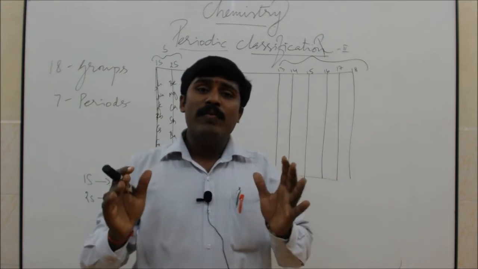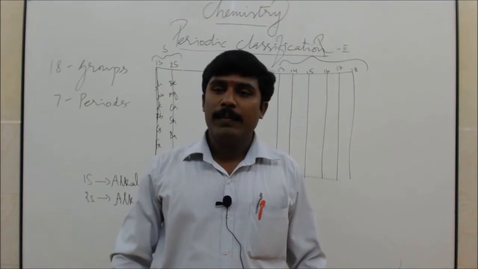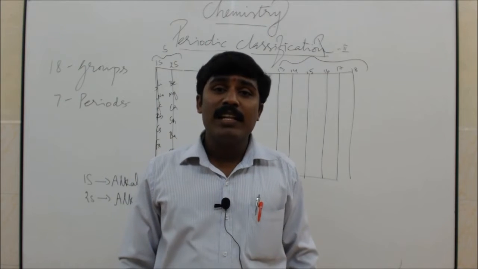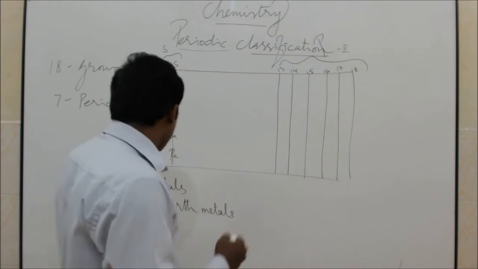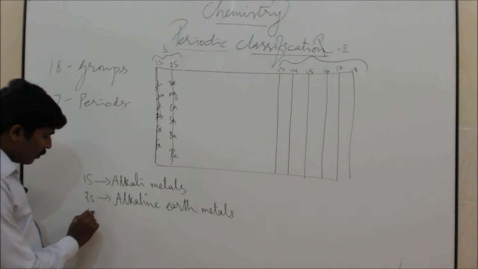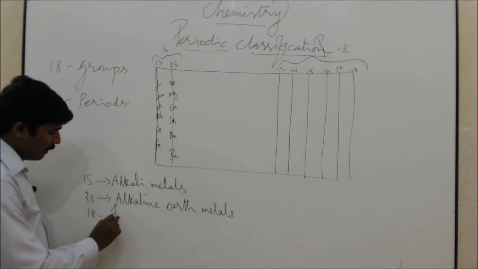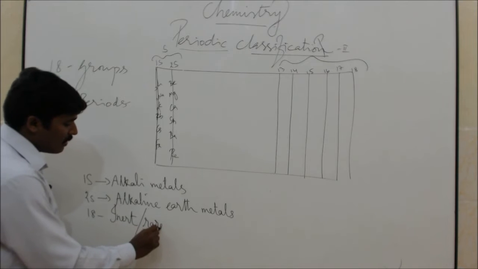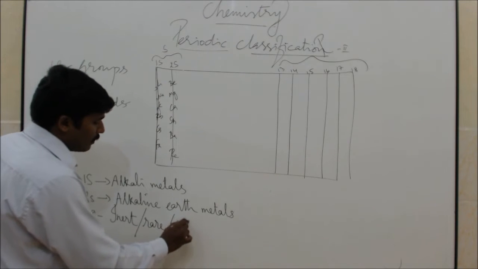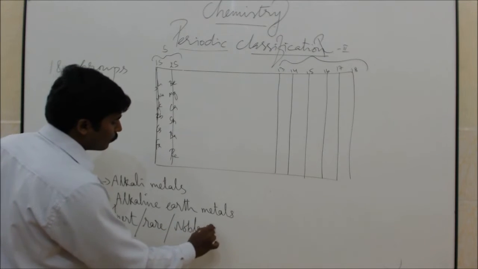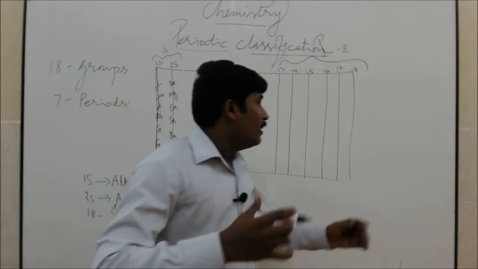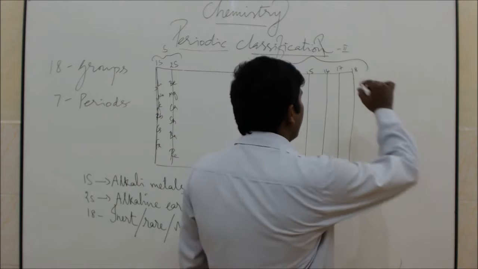P block elements occupy a very important role in the periodic table because they contain very important things. 18th group. What is another name of the 18th group? Inert gases. Inert gases or rare gases or noble gases. Both are same. 18th group means what are the elements present there?